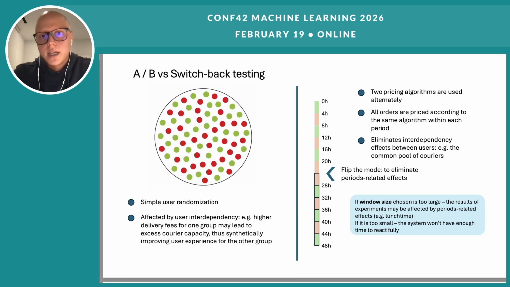For example, during the night when you have an overall very low number of orders, you can switch the order in which algorithms are applied between one day and another. And it is usually recommended to conduct switchback experiments for at least 2 weeks, so that each day of the week can happen under both modes, with flipping somewhere in between.